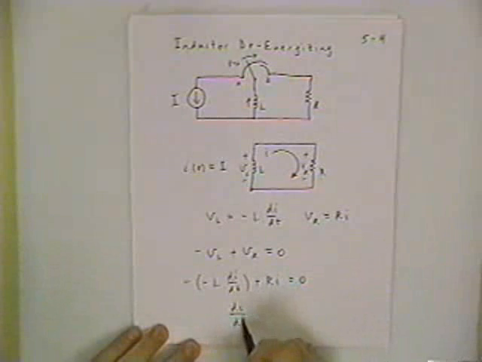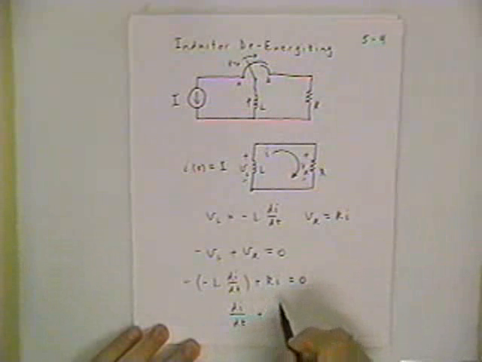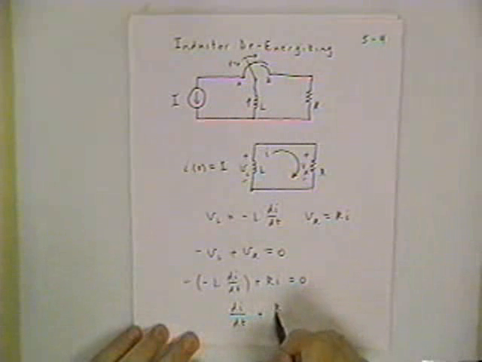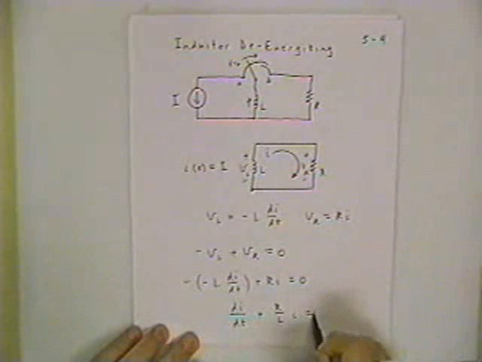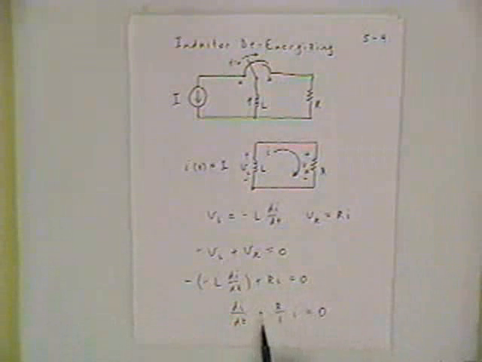And now we get our first order differential equation that reads di/dt plus R over L times I equals 0. This is the same equation we had before, it's just the constant has changed. The time constant is a little different. So what we have to do now is the solution to that equation is again an exponential.